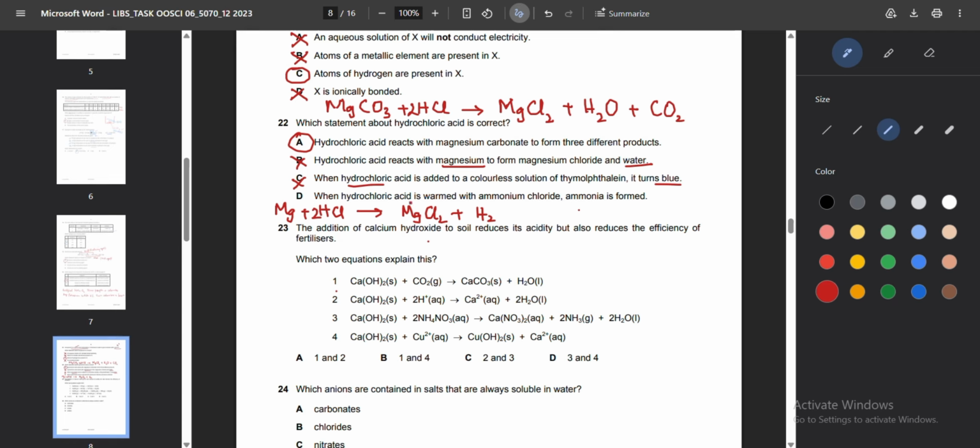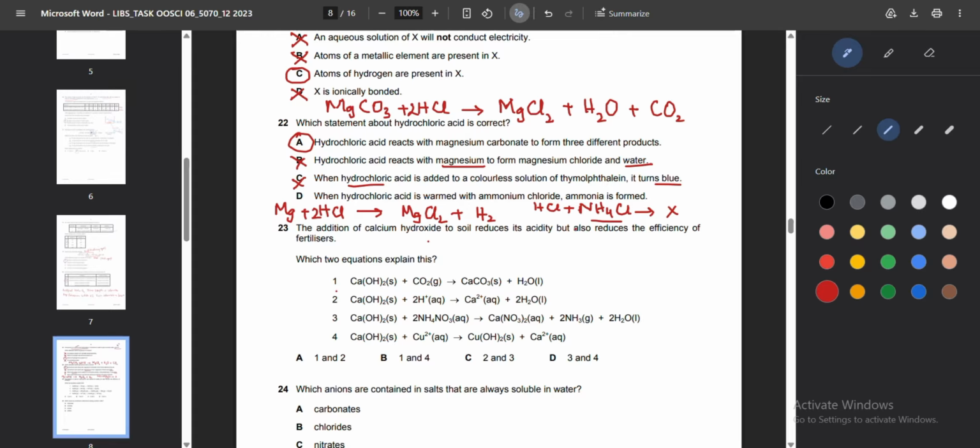When hydrochloric acid is warmed with ammonium chloride, ammonia gas is formed. Again, this is also not correct because for HCl and ammonium chloride there will be no reaction, because ammonium chloride is itself a salt that is formed from the reaction between ammonia and hydrochloric acid.